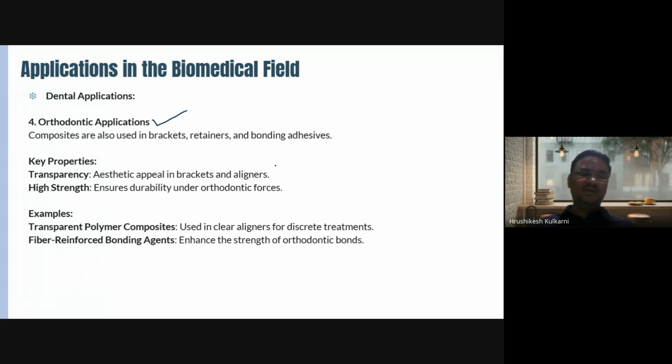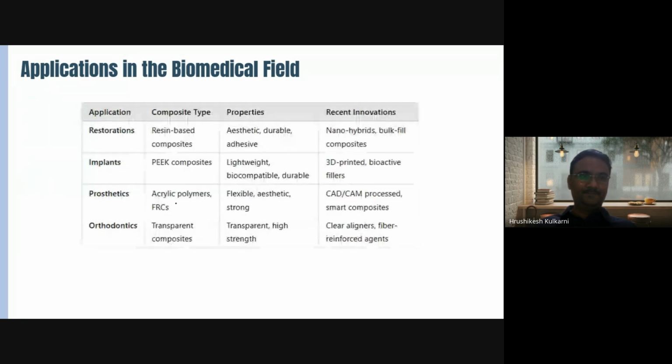Next is orthopedic. After teeth, the next is called orthopedics. We use them for brackets, retainers, and bonding adhesion because of the transparency and high strength. Here our focus will be on high strength because we are replacing our old bones or kneecaps with the help of these products, so high strength is the main criterion.